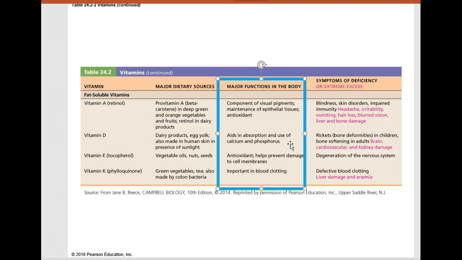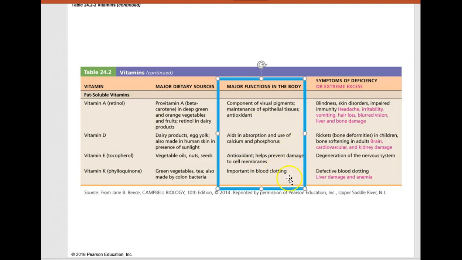Vitamin E, along with beta carotene and vitamin C, is considered an antioxidant. So it prevents chemical reactions that lead to cellular damage or DNA damage, and that leads to the outward appearance of aging.